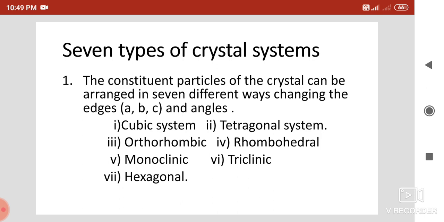When the edges a, b, c or the angles alpha, beta, gamma are changed, we get seven types of crystal systems: cubic, tetragonal, orthorhombic, rhombohedral, monoclinic, hexagonal, and triclinic.